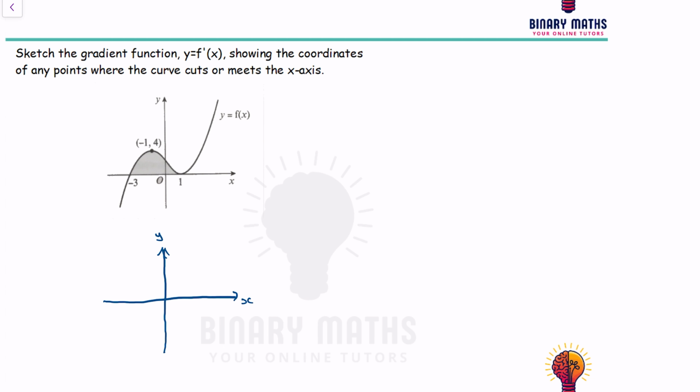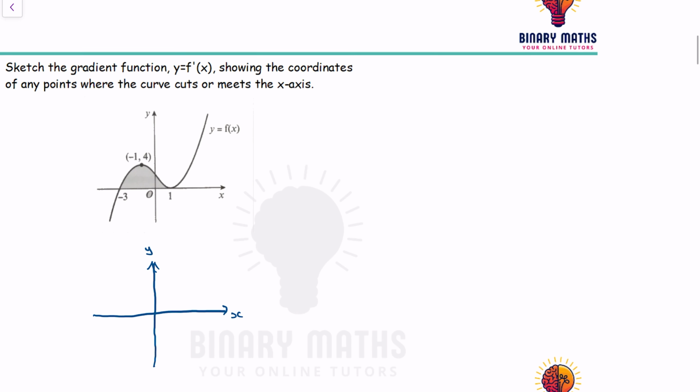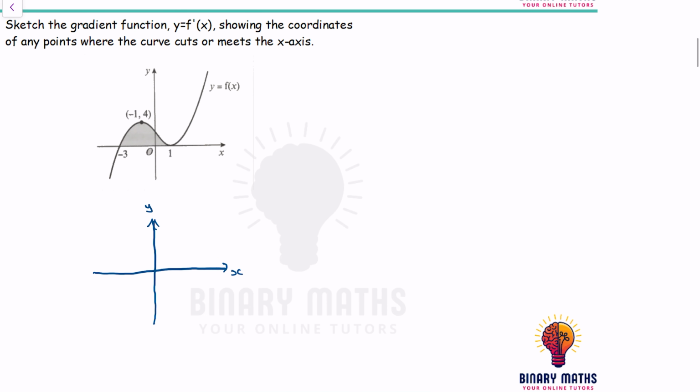The first thing I need to do is identify where the stationary points are. So where is the gradient 0 in y is equal to f of x? I can clearly see that the gradient is 0 at this point, and the gradient is 0 at that point. So these are my stationary points. If I draw a dashed line going down, then because the gradient is 0 at that point, in my y is equal to f dash of x curve, it's going to cross the x-axis at that point.